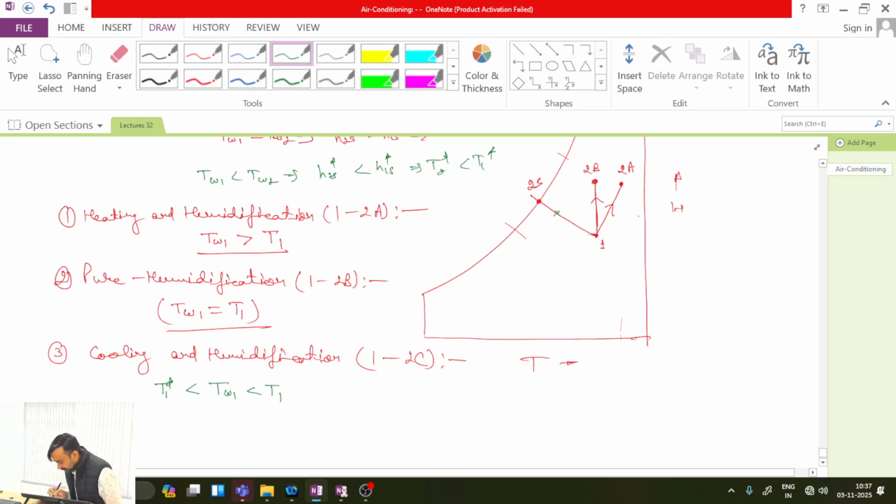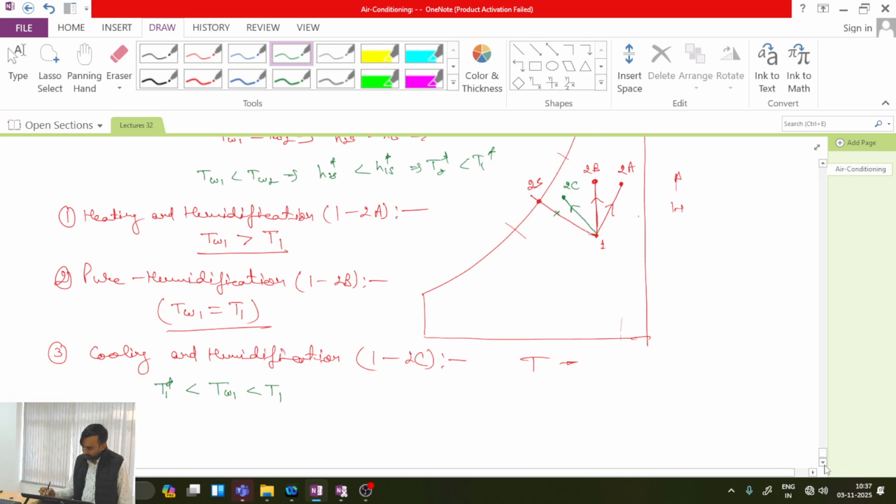That's why the process will be represented something like this. It means it will be above the constant temperature line. All are clear with this point or not? Agree?